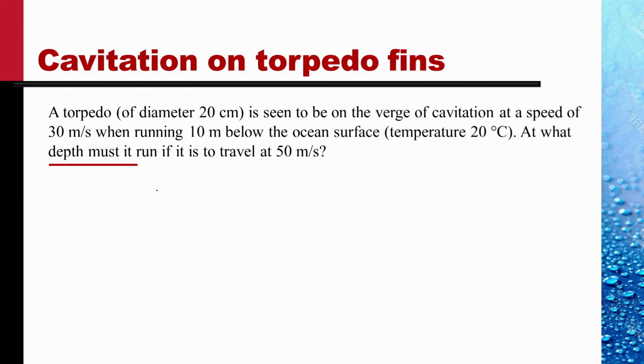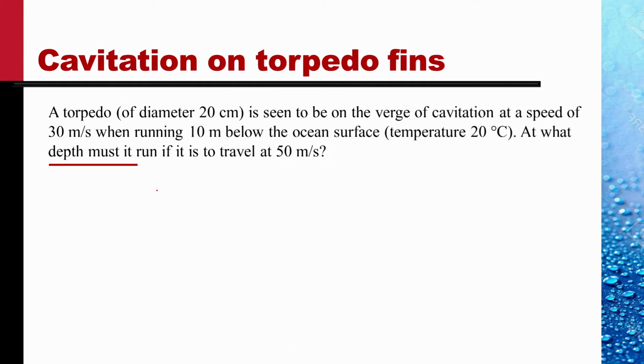Now the problem is to determine at what depth the torpedo must run if it is traveling at 50 meters per second. It is traveling that fast, so the pressure drop would be larger.